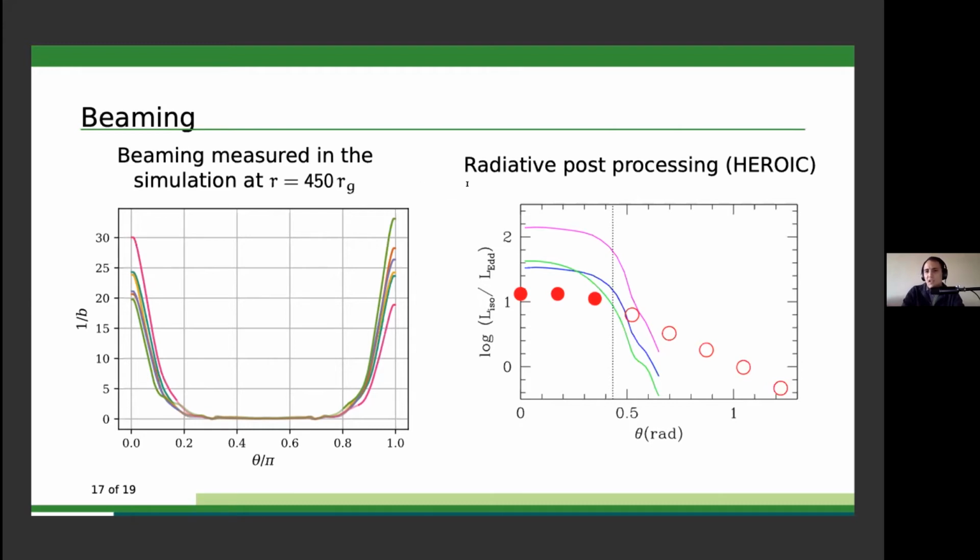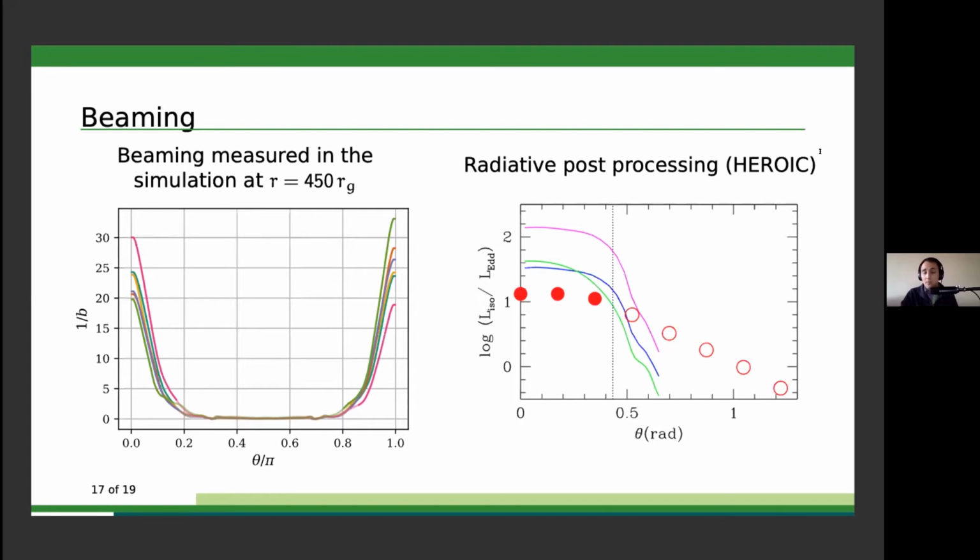So we can get an idea from this. This is not my work. This was borrowed from the group at CfA. They developed the code HEROIC, which is a radiative post-processing code, which basically takes the simulation data and then recalculates the radiation to see what the spectra is and what the proper radiation field is.